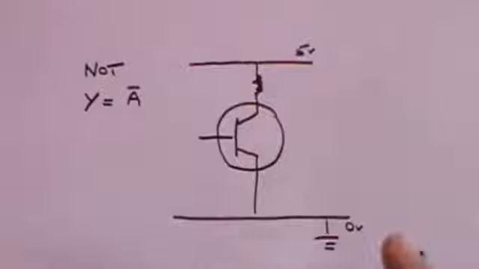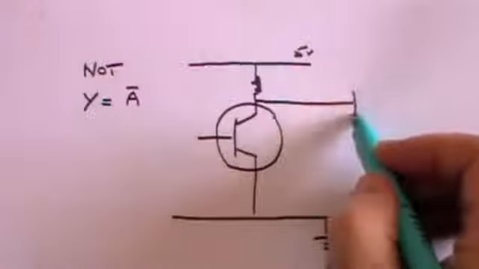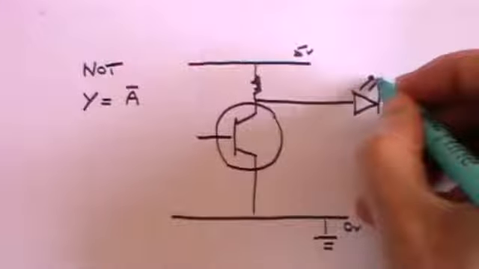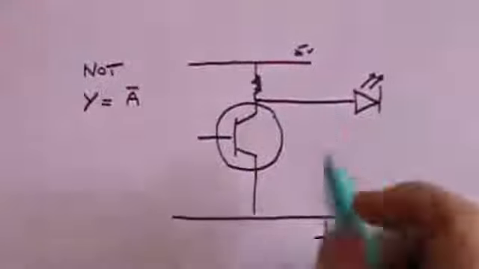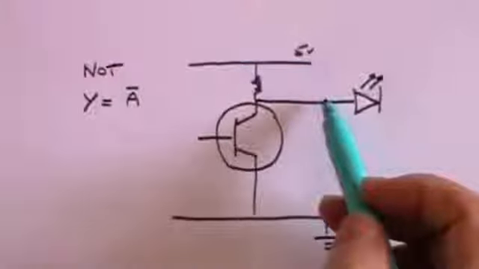And we've got an output that we could take to, say, a light emitting diode, so that diode will only light up if there is a positive voltage coming out of the output.